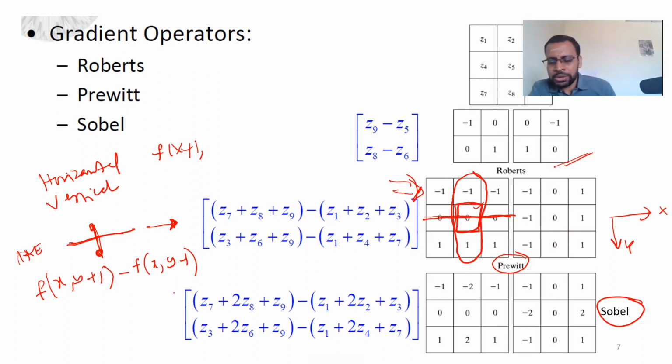I'm uniformly dropping the multiplication factor; otherwise, you could consider a multiplication factor of 1 by 2. So you are finding a derivative there, essentially. If you ignore the rest, this is equivalent to computing a derivative in the y direction.